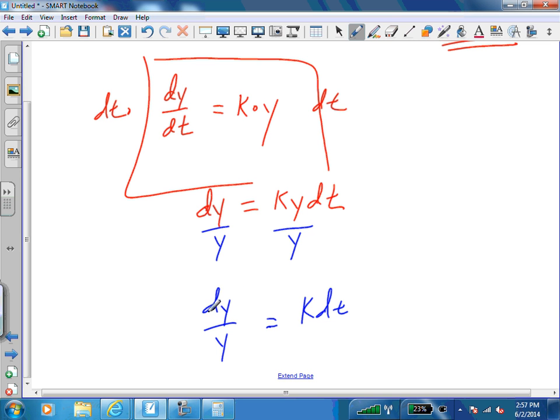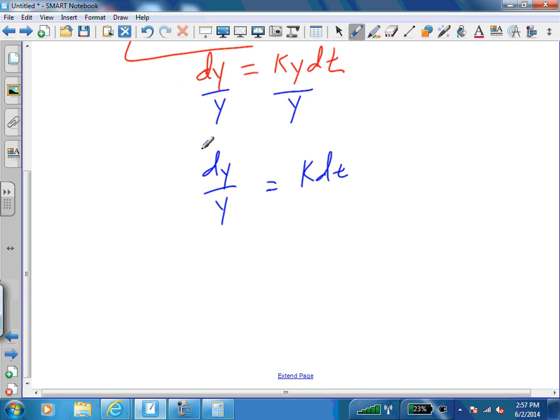Once we have our variables separated, now we can integrate. What does dy over y integrate into? Natural log of y. Now, since we're integrating both sides, we only have to put a plus c on one side. So let's save our plus c for the right. Our variable of integration on the right side is t, so k is basically a constant.